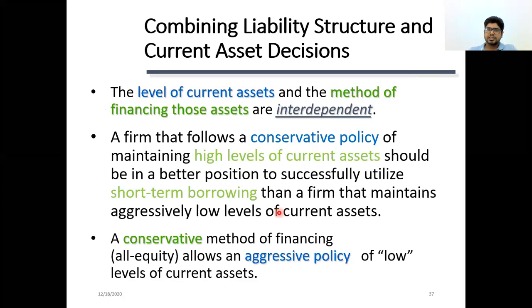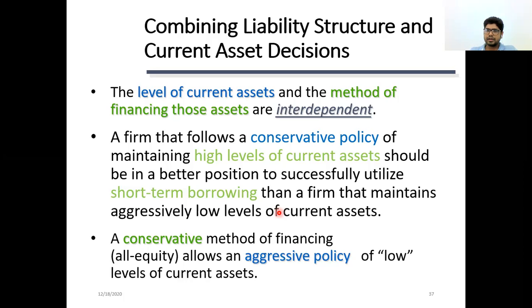Combining liability structure and current asset decisions. The level of current assets and the method of financing those assets are interdependent, right? A firm that follows a conservative policy maintains a high level of current assets, which is financed by long-term financing sources.